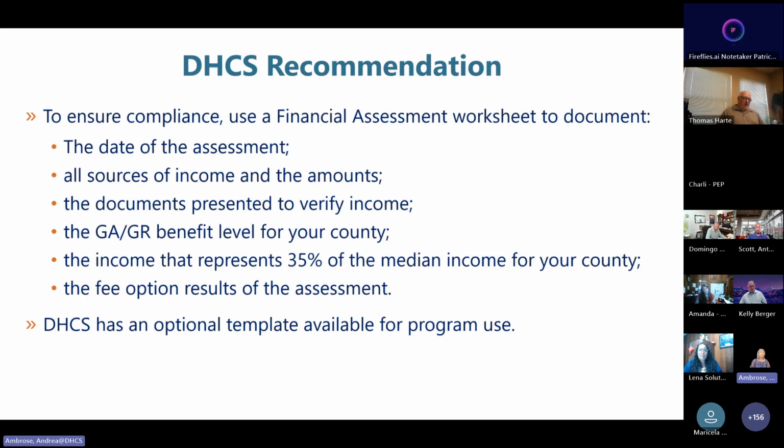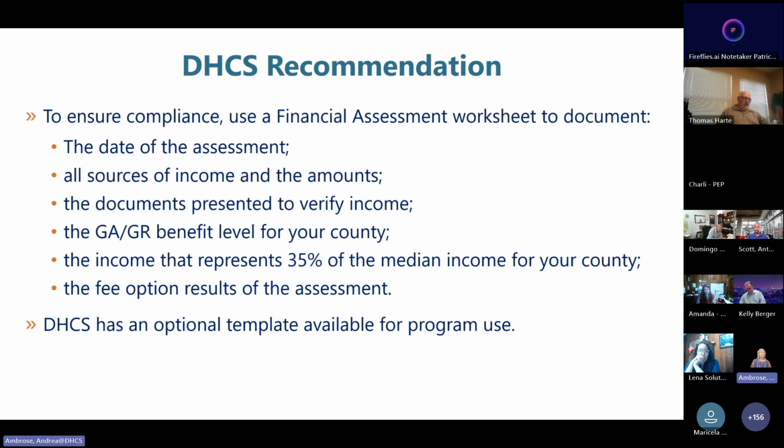You'll need to show which documents the participant shows in order to verify their income. You'll need to have the general assistance or general relief benefit level for your county identified. You'll also need to identify whatever the income is that represents 35% of the median income for your county. And then most important is to record the results of that assessment to see which fee option the participant is going to be eligible for.